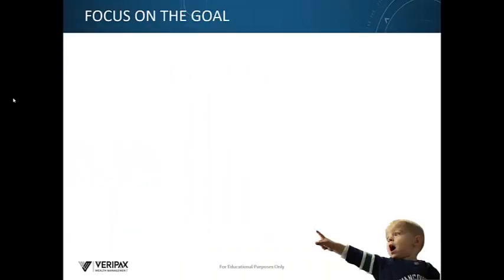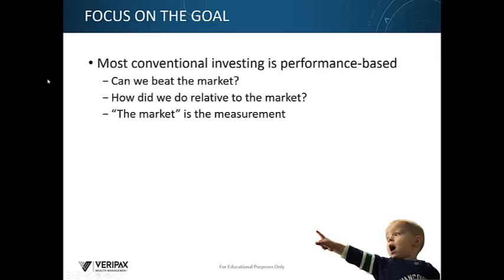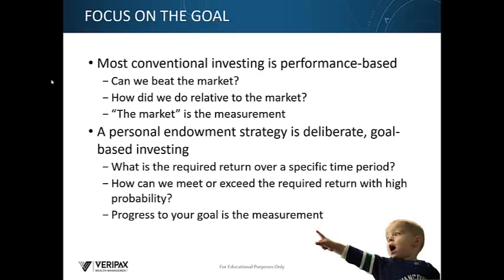To summarize the difference between traditional investing versus more of an endowment style investing, it really comes down to what goal you're focused on. With traditional investing, the goal is more performance-based. So it's, can we beat the market? How did we do relative to the market? Ultimately, the stock and the bond markets are the measurement. With a personal endowment strategy, it's much more deliberate goal-based investing based on your financial goals.